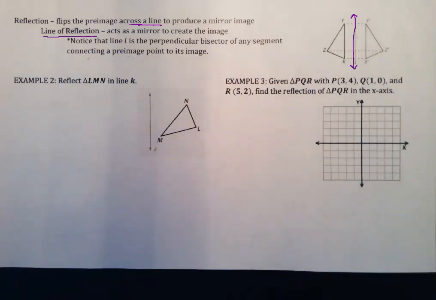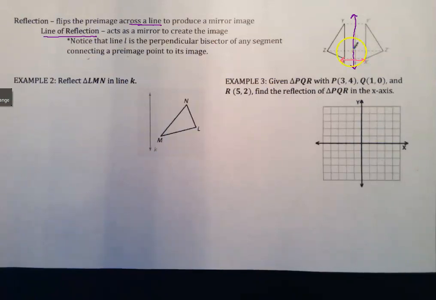All right, it says notice the line L is the perpendicular bisector of any segment connecting a pre-image point to its image. What that's saying is the distance from here to X, and from the line to X prime is the same distance, because it's a perpendicular bisector.